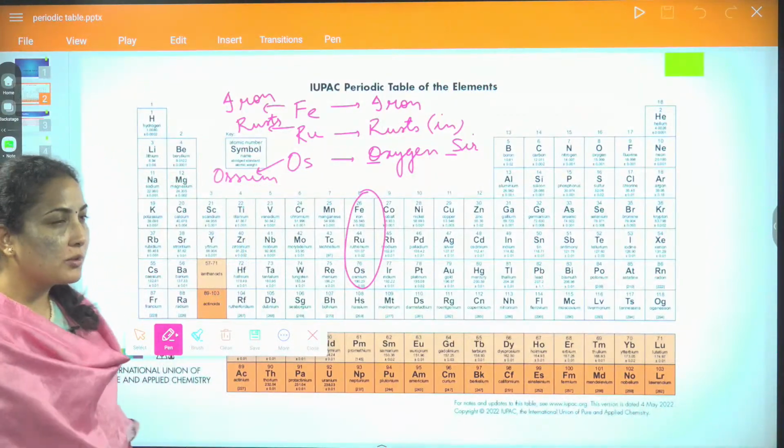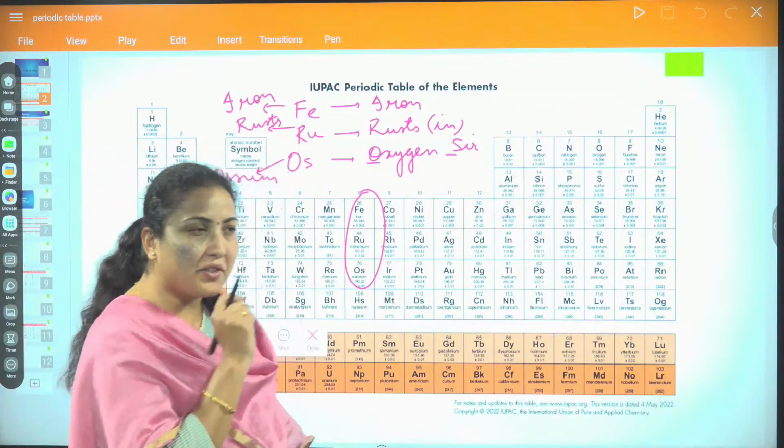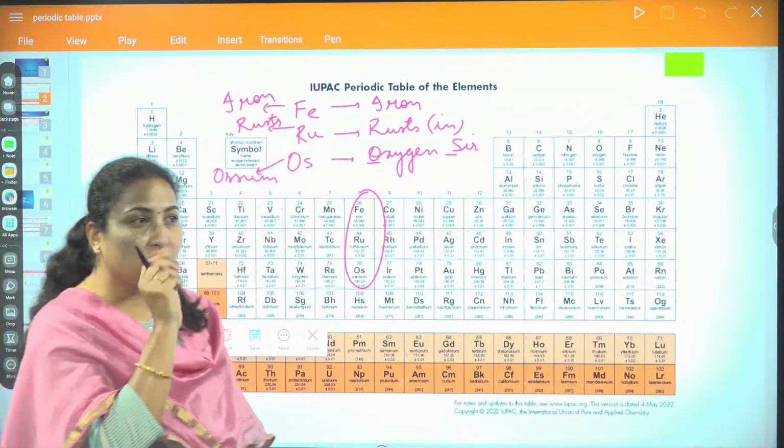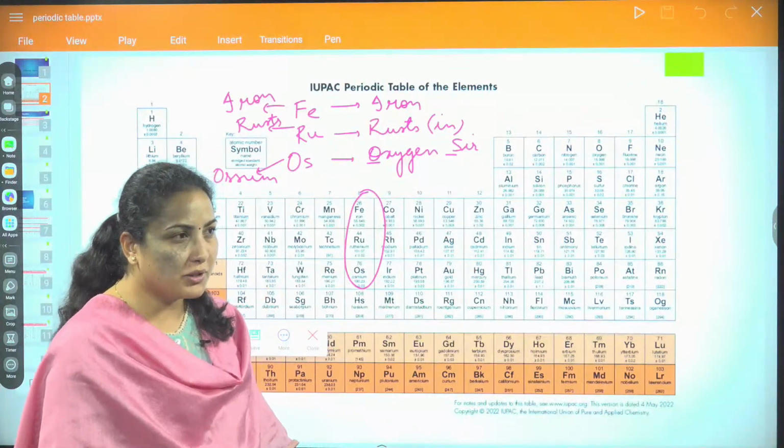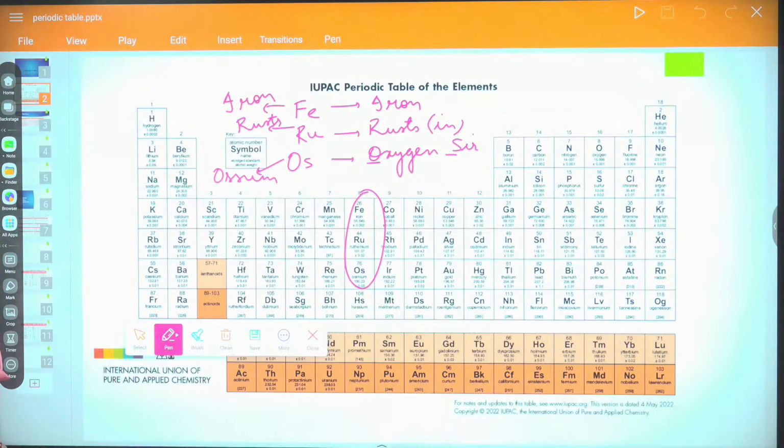Actually, the spelling of "awesome" which I've written is wrong. Why I've written like that is basically so that you remember Os, "awesome", osmium from there. Otherwise, awesome is a different spelling altogether.